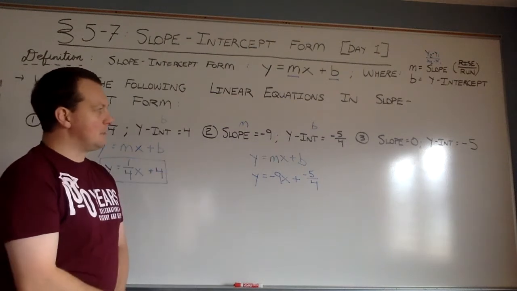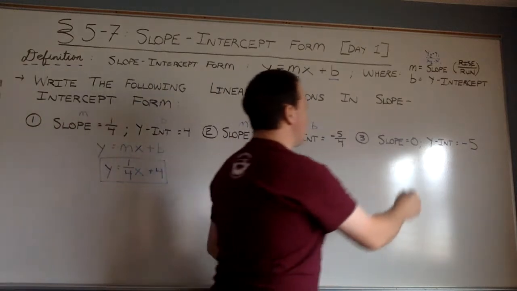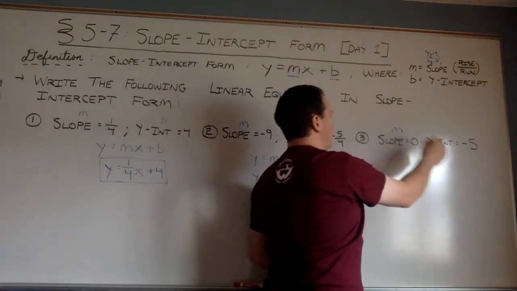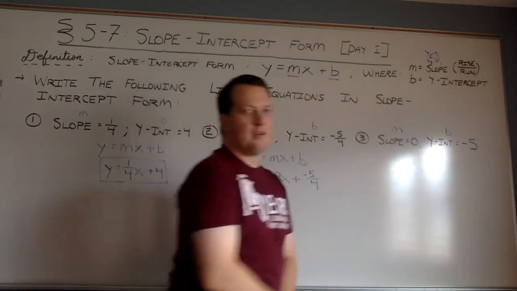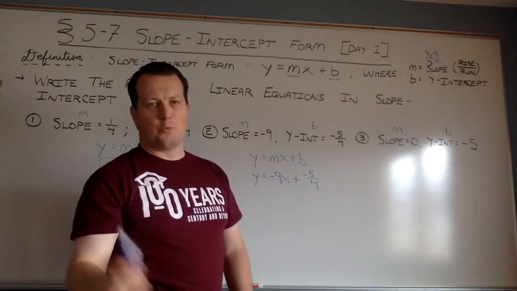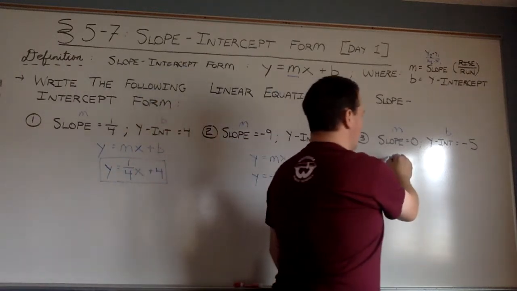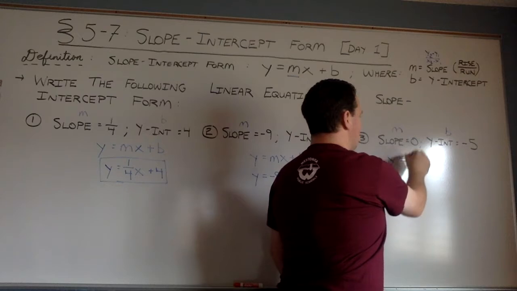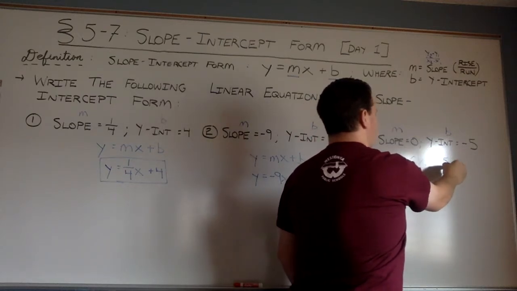Kind of a random example, last one here. We have m, the slope is 0, and the y-intercept b is -5. If a line has a slope of 0, remember that's a horizontal line. So here's what that equation will look like. Y equals 0x plus -5.